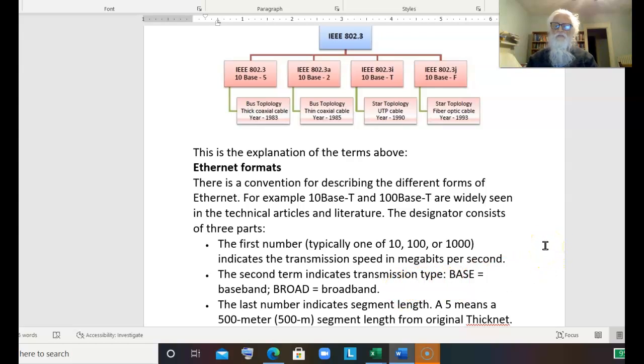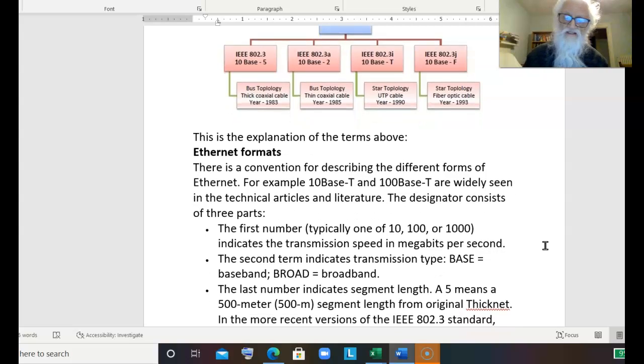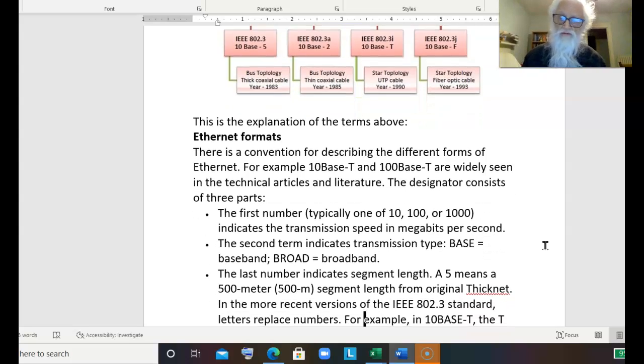That's technical. The last number is the segment length. How long can we make it? A 5 means 500 meters. That's the original ThickNet. In more recent versions, letters replace those numbers.